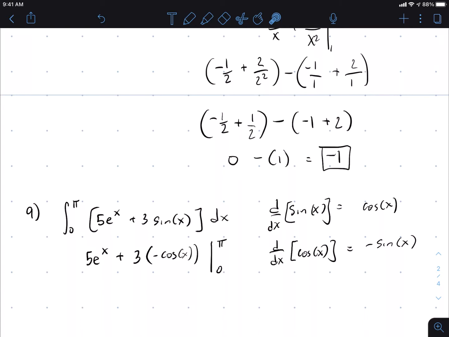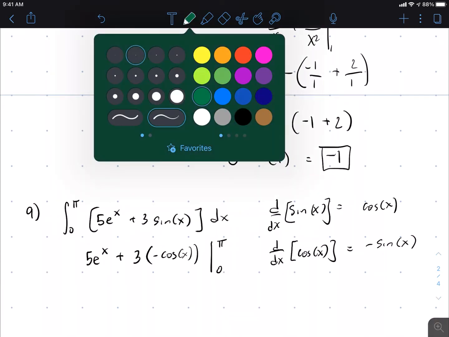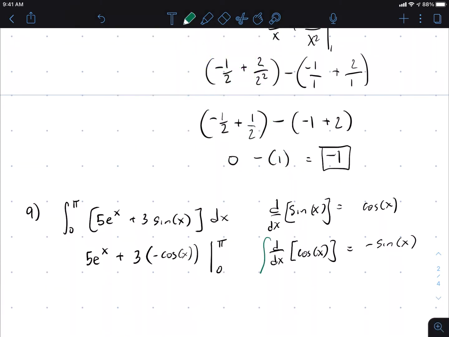Okay. I'll try to explain it to you. If I take the integral of this side and the integral of this side, the integral and the derivative cancel each other out, correct? So I get cosine of x. But that's equal to negative sine of x.